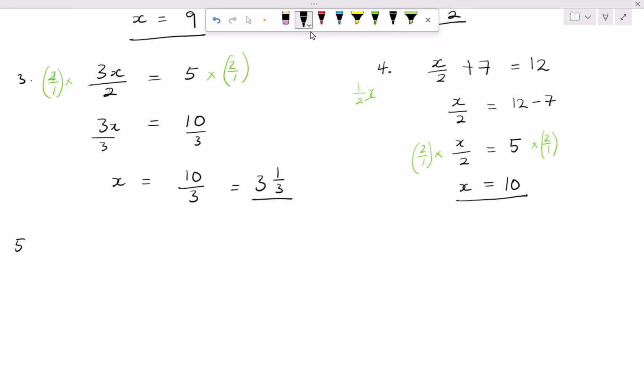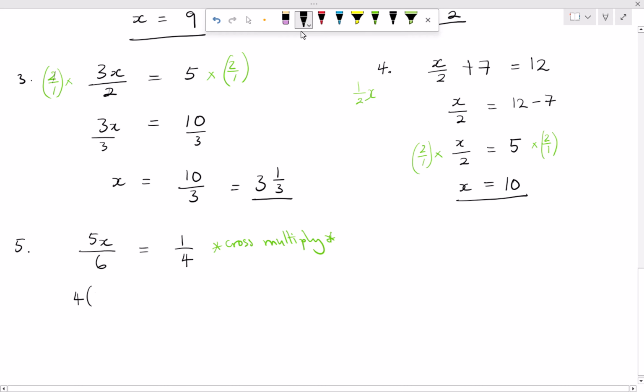And then example number 5, we have 5x over 6 is equal to 1 over 4. Okay, so a simple trick that we can use when we have fractions on both sides, right? We simply cross multiply, okay? This is the simplest way to solve fractions like this. So if we cross multiply, that means 4 multiplies 5x, and then 1 multiplies 6. So 4 times 5, that's 20x, is equal to 6 times 1 is 6.